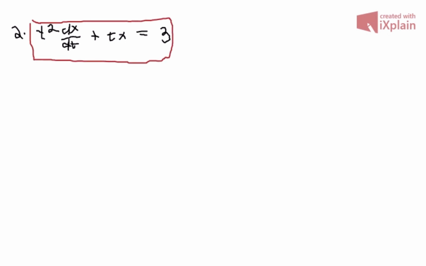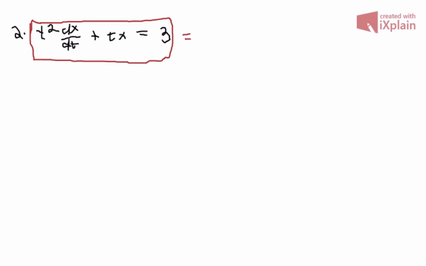t squared dx over dt plus tx is equal to 3. Right. So first things first, we need to make sure that we take this to its standard form.